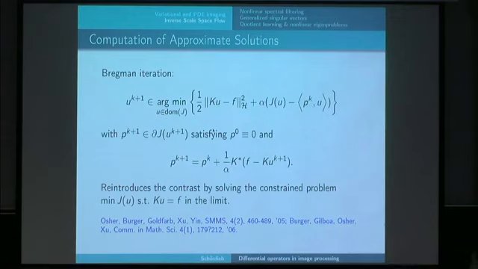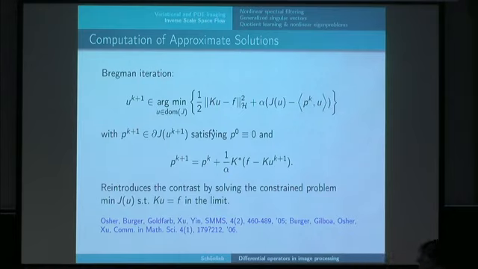So one way to get around this is not to solve the penalized regularization problem, so this ||Ku - F||, Hilbert norm squared, plus a penalty that is the regularization, but to solve the constrained problem where you're minimizing the regularizer such that Ku equals F. Your forward model is fulfilled perfectly.